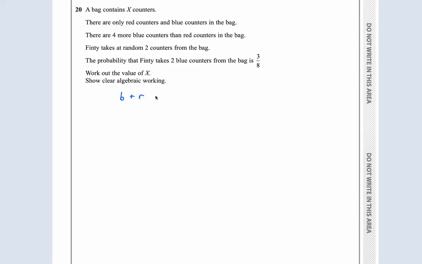So B plus R is equal to X, because there's X counters in the bag, the number of blues plus the number of reds. Then they've given me this piece of information as well. There are 4 more blue counters than red counters. So that means B is equal to R plus 4, because there's more blue, so I have to add 4 to the red to make an equation.